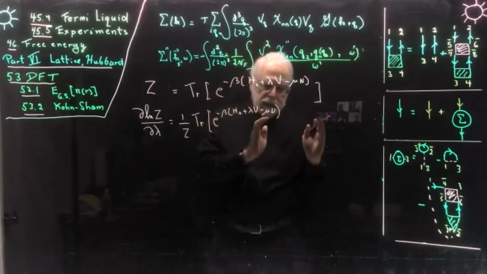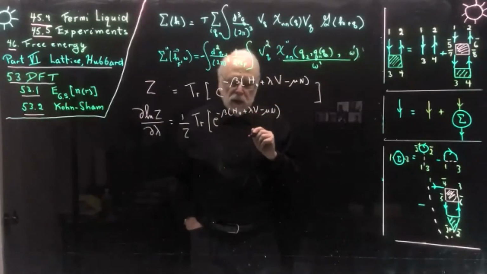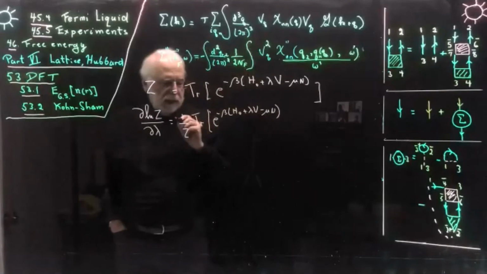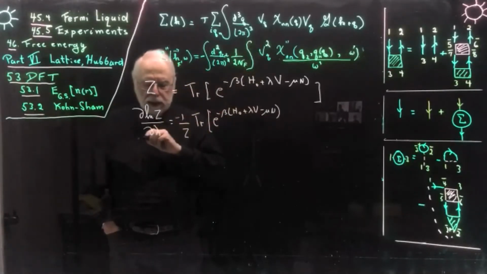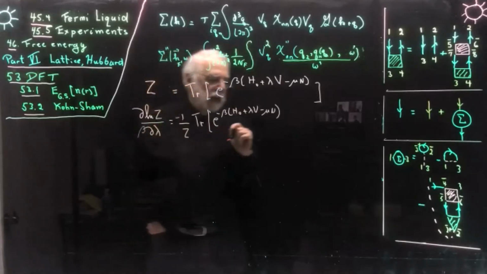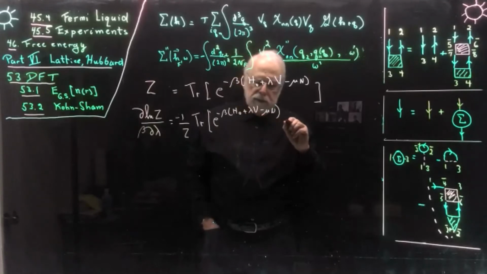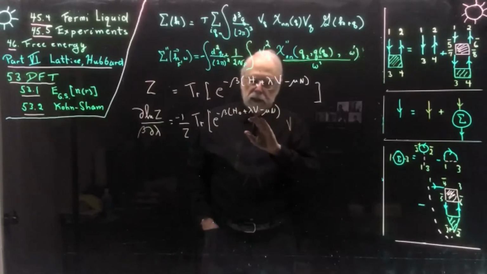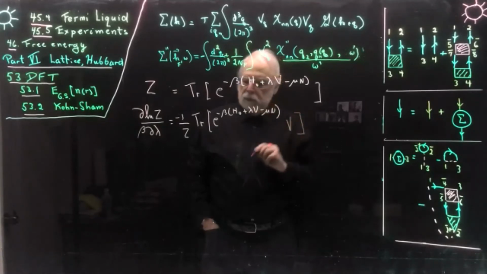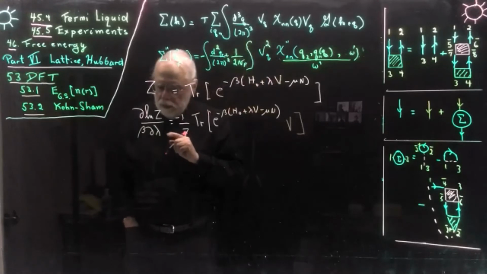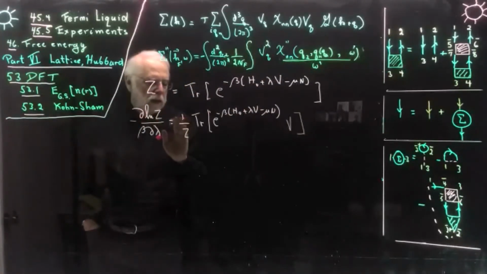I can differentiate with respect to lambda. I will get a minus sign, a beta that I can put here, and when I differentiate, it's just V that will survive there.